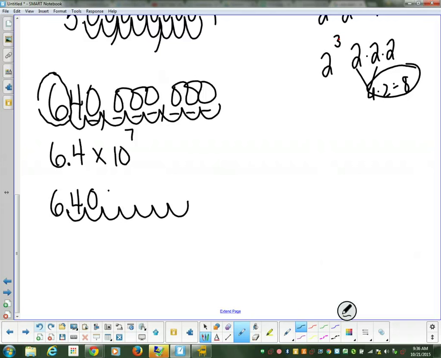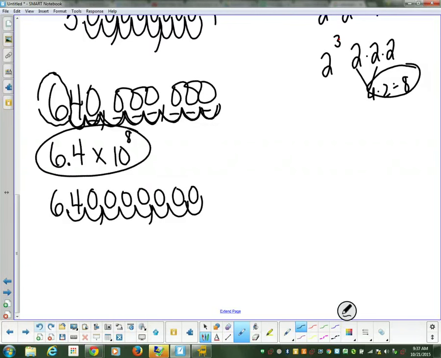Fill in our zeros. Commas. Uh-oh. Did we do that correctly? No. So it isn't just zeros that we're accounting for, we're accounting for place values. So if we're moving from here over 1, 2, 3, 4, 5, 6, 7, 8, this should be to the 8th power. Now if you move it over one more, you are expressing the number correctly. So this is the scientific notation, 6.4 times 10 to the 8th power.